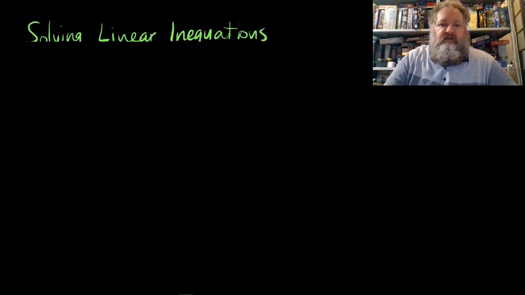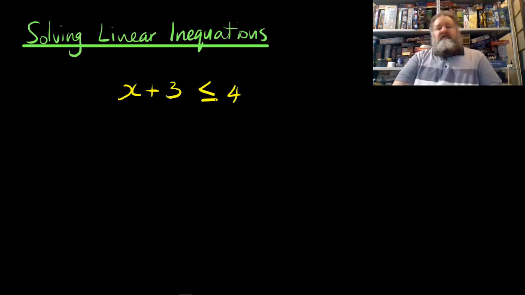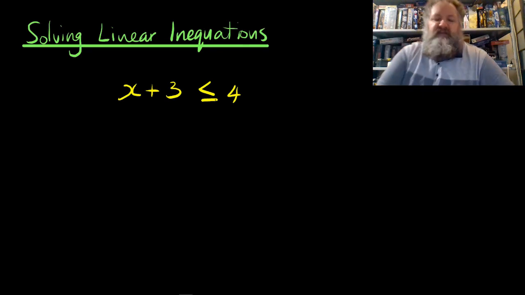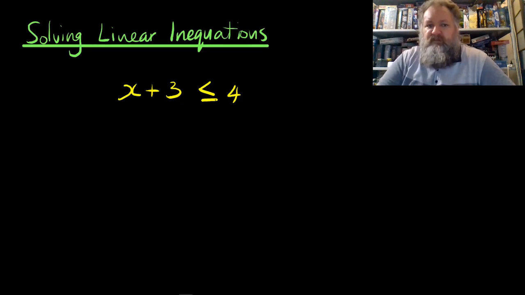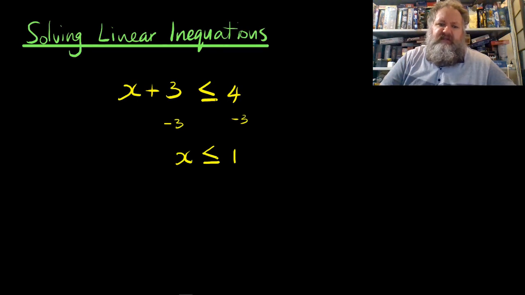Now that we've talked about these linear inequalities and what they are, let's talk about how we can solve them. Solving linear inequations. I've got one up on the screen: x plus 3 is less than or equal to 4. Well, I can take 3 from both sides, and I'll have x is less than or equal to 1.